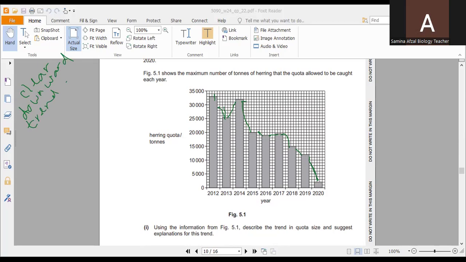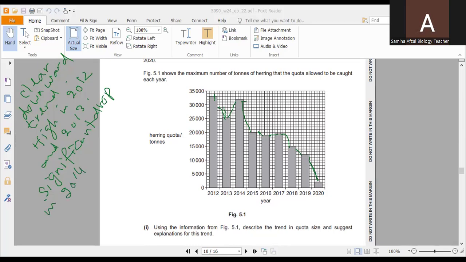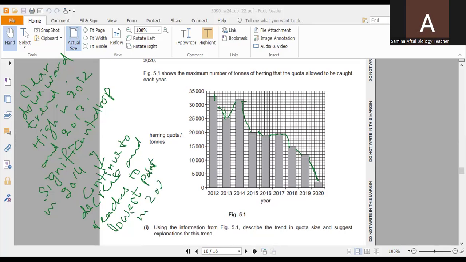It starts relatively high in 2012 and 2013, then a significant drop in 2014, and continues to decrease, and reaches the lowest point in 2020.